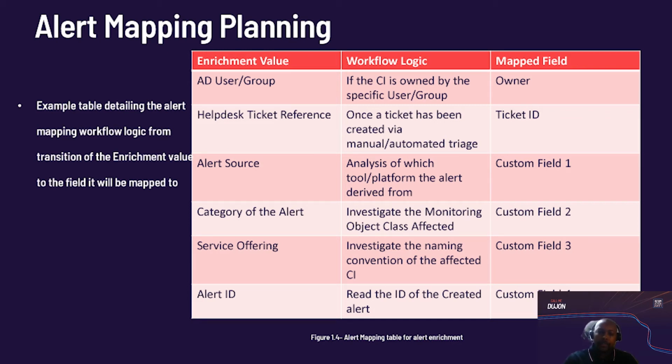So I've defined service offering as the name of an area of the business that would actually be affected. So we may have servers, let's say, for example, the SQL server. We know it as being a database server, but those SQL servers might belong to a specific area in the business. It might relate to a specific project.